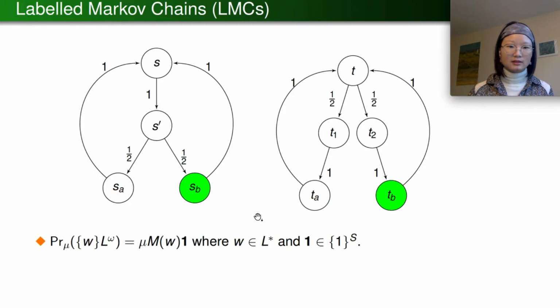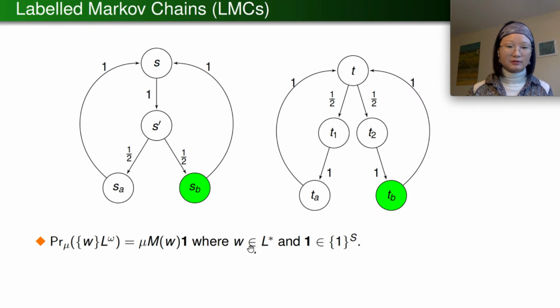This slide shows an example LMC where the colors represent the labels of the states. So S_A and S_B have different colors, so they have different labels, A and B respectively. Each LMC generates an infinite sequence of labels randomly.